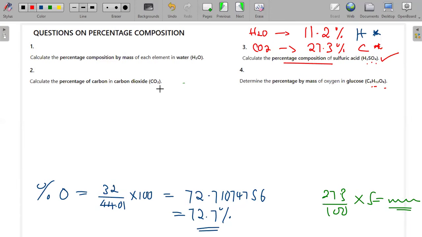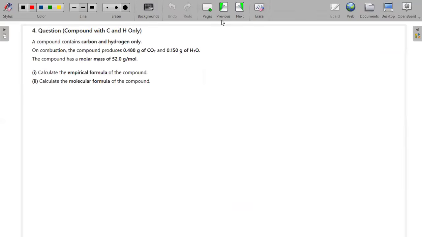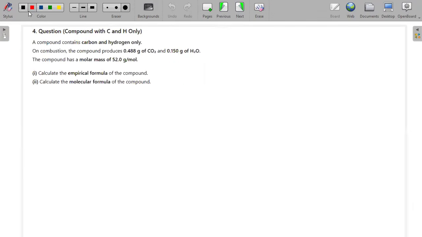All right, so having known the percentage composition now, let's talk about combustion analysis, because next we'll be solving questions on combustion analysis. You can see this is a combustion analysis question. So when we talk about combustion analysis, it's a very simple concept. Combustion in chemistry, when you hear combustion, it simply means burning.